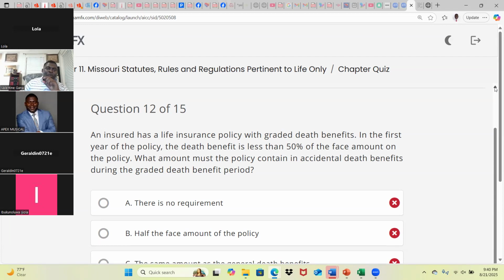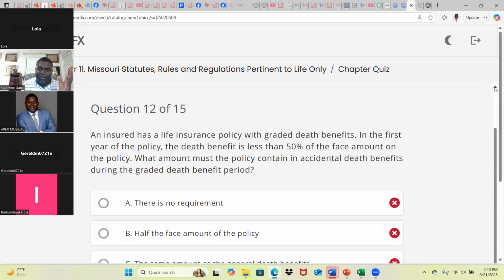When you write a policy, the older you are, the lesser your longevity of life. So if they are making your death benefit graded, beginning with a smaller amount and growing, they are indirectly hedging their bets: if you are a little bit older and have an illness that is going to crop up which they didn't know about, they're going to pay just 50% of that death benefit.